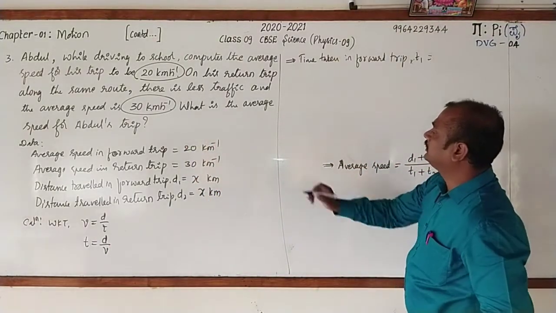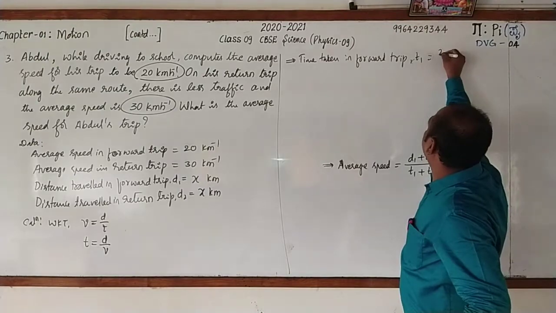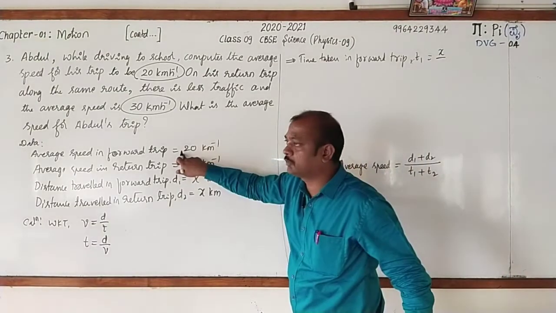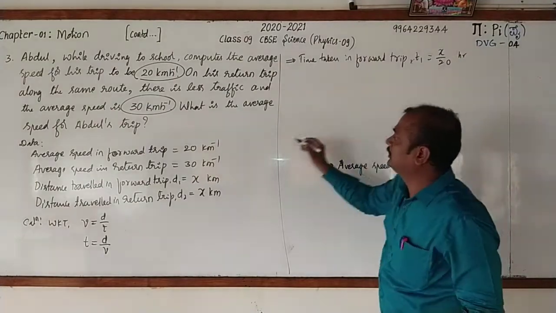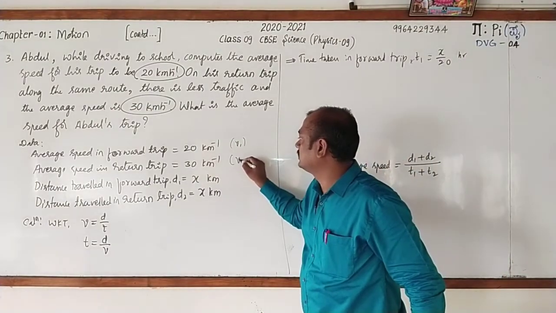What is d1? d1 is x by V1, forward trip. It is 20. For your reference, you can write this as V1 and this as V2.